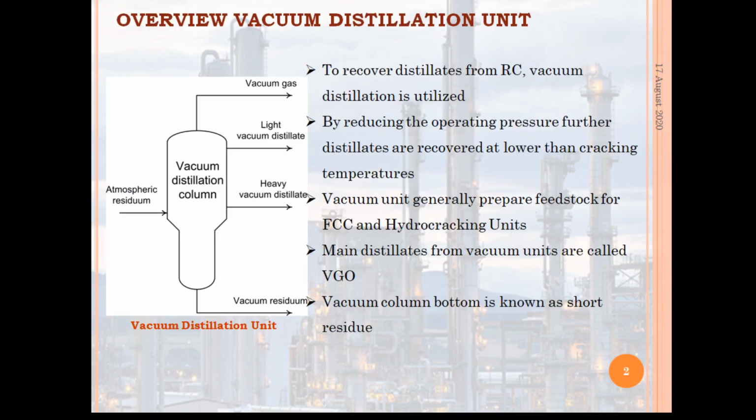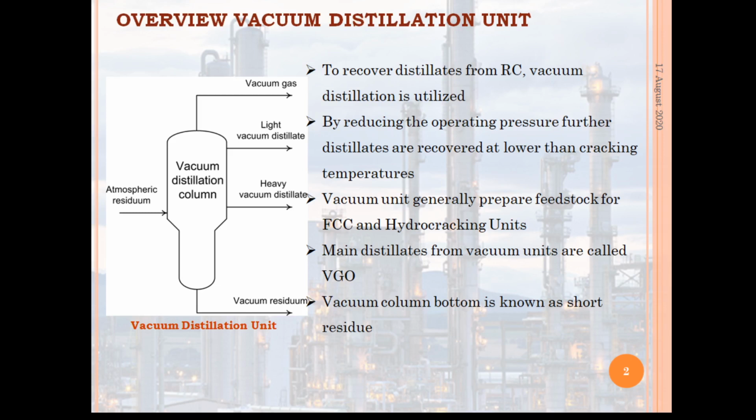So today we'll discuss the vacuum distillation overview and the process description. What are the products of the vacuum distillation column? The products will be light gas oil, heavy gas oil, reduced crude oil, light vacuum gas oil, and vacuum residue.